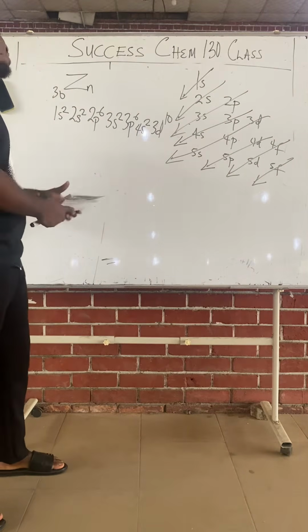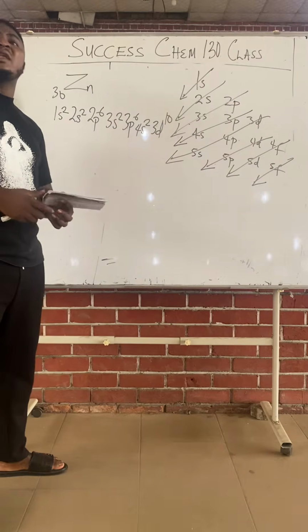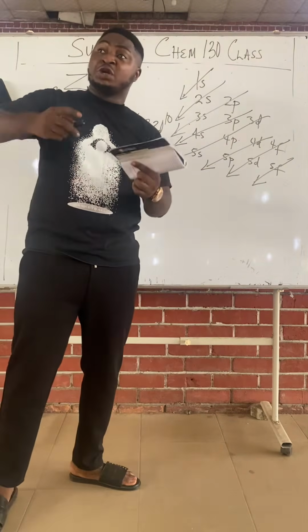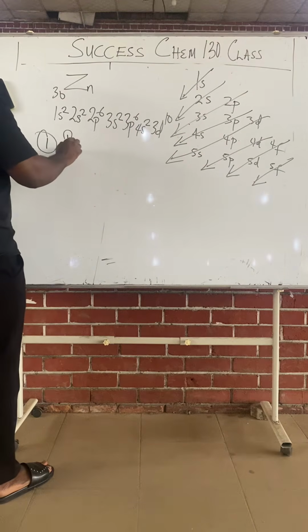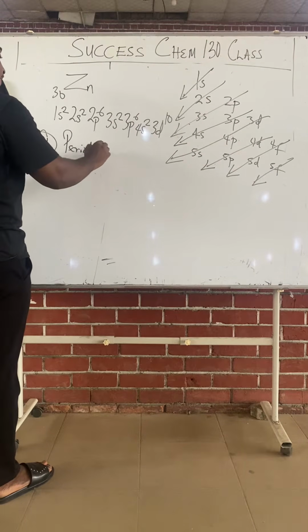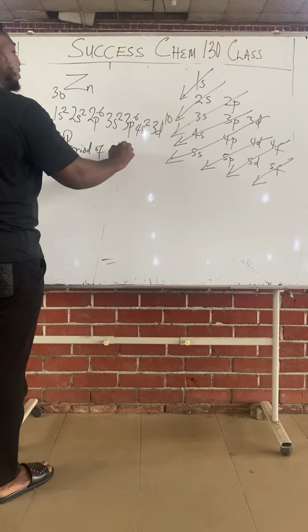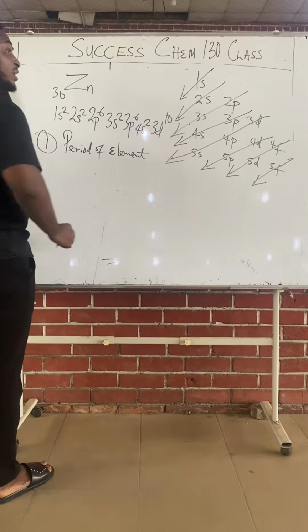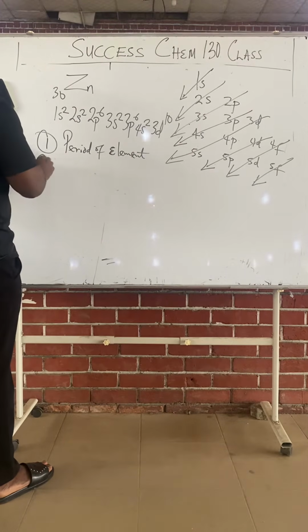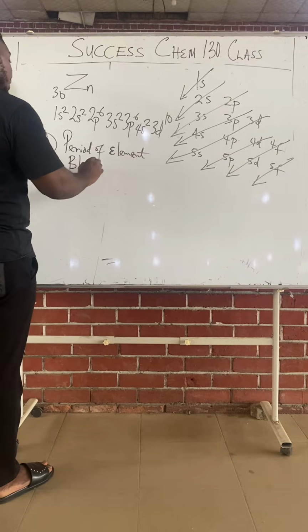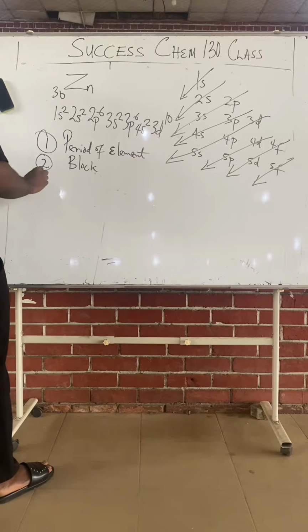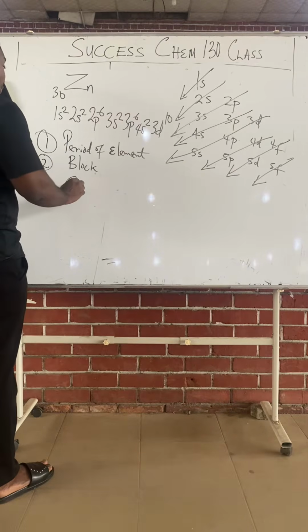Class, the electronic configuration of an element can help us to determine a lot of things. That's why we're looking at the application of electronic configuration. One is that it can help us to determine the period of an element in the periodic table. You could be asked, what period does zinc belong in the periodic table? 2. It can help us to determine the block the element belongs in the periodic table. And 3, it can help us to determine the group the element belongs in.